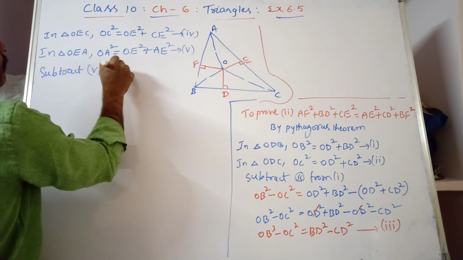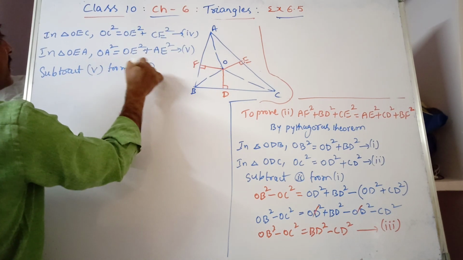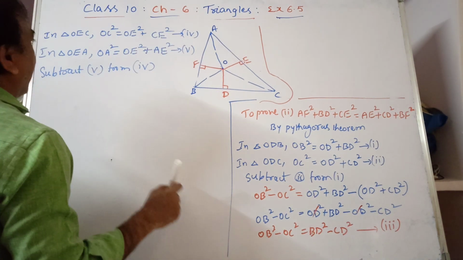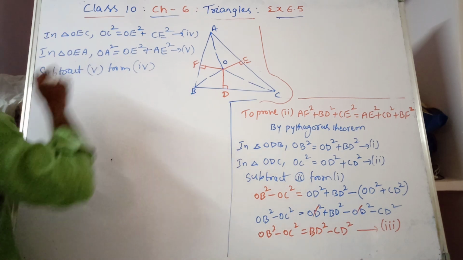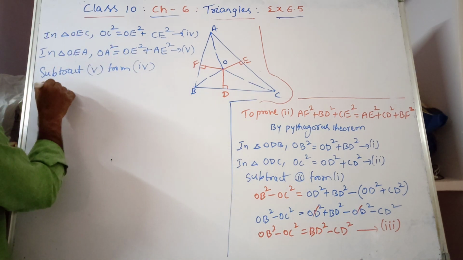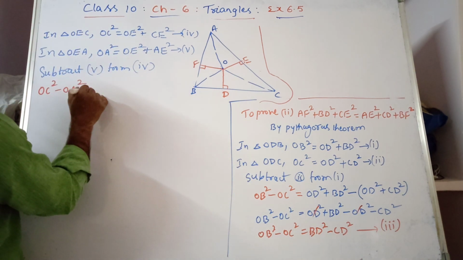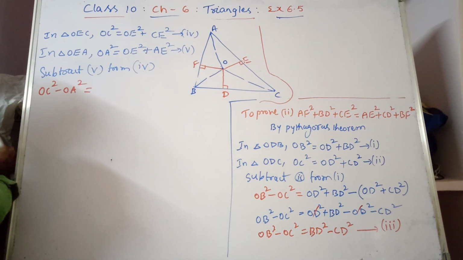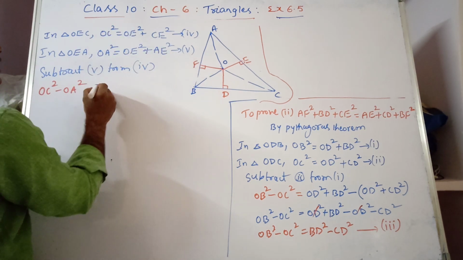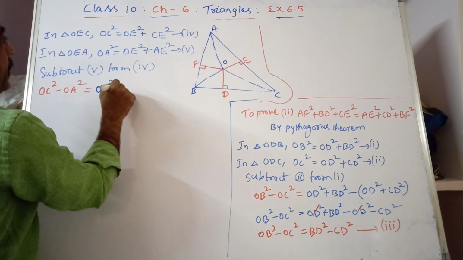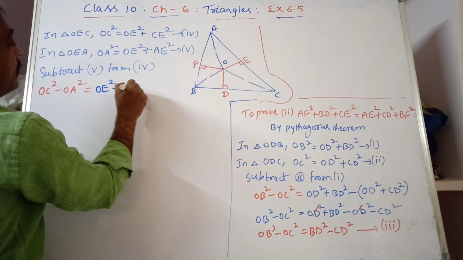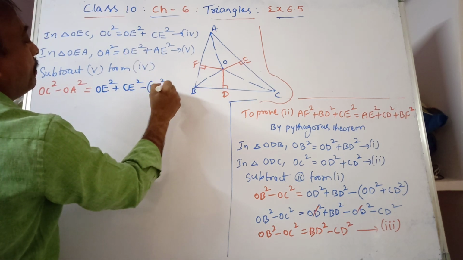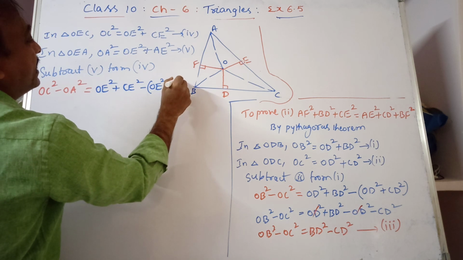We are subtracting the 5th equation from the 4th. So first OC square minus OA square is equal to OE square plus CE square minus of OE square plus AE square.